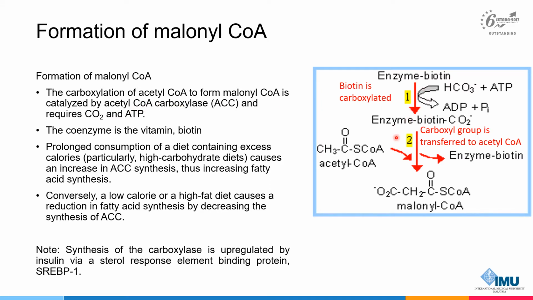This enzyme has a requirement for coenzyme known as biotin. So basically the biotin is carboxylated, so it picks up the CO2 or the carboxyl group, then it transfers the CO2 group to acetyl-CoA, finally forming the molecule that we want, which is methylmalonyl-CoA. So remember the name of the enzyme here, which is acetyl-CoA carboxylase.